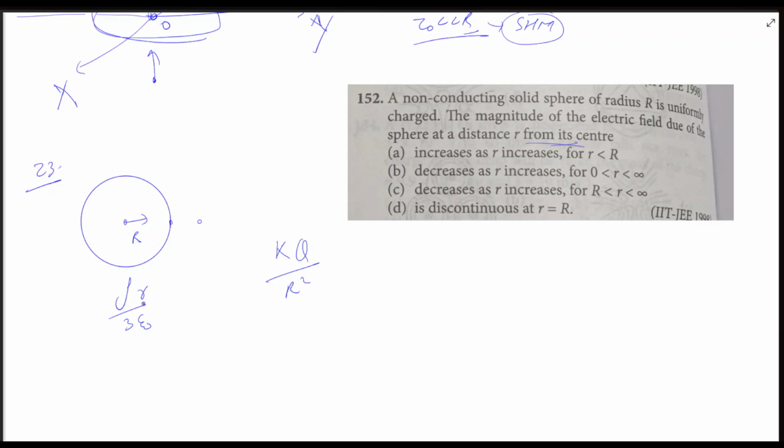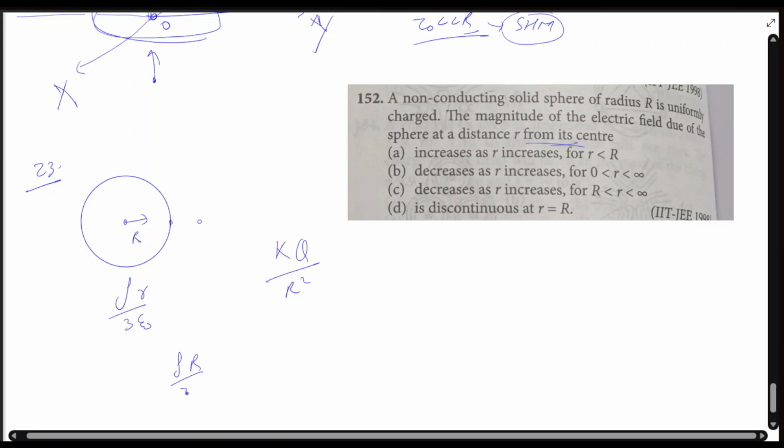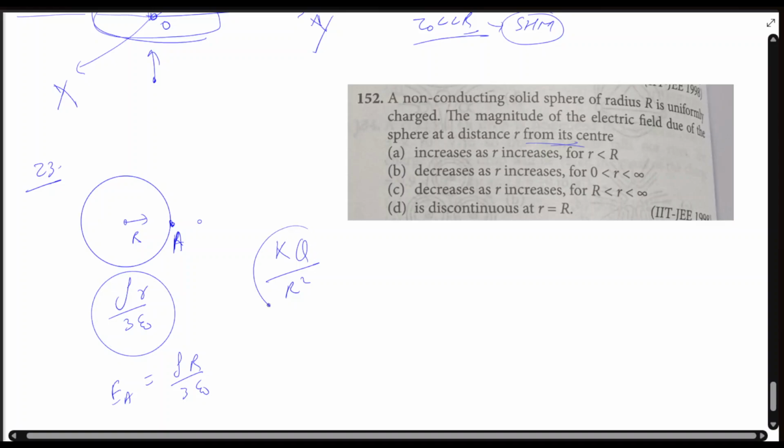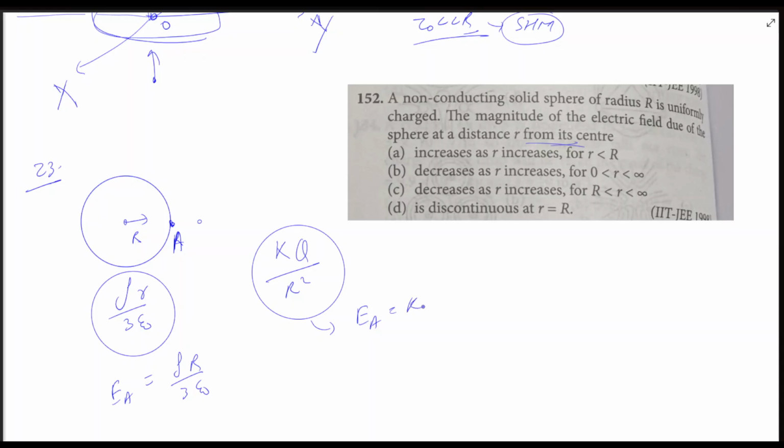Because at this point, from this formula you can find rho r upon 3 epsilon naught at this point, and from the other formula it will be kq by simply r square. If you find them, both will be equal. So it is not discontinuous, it is completely continuous.